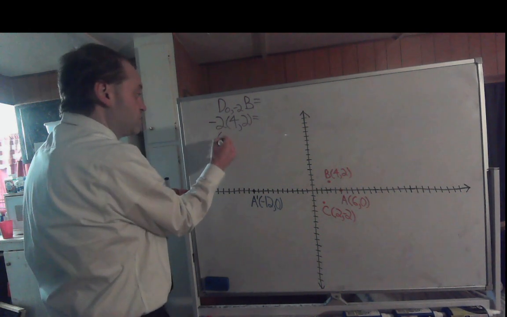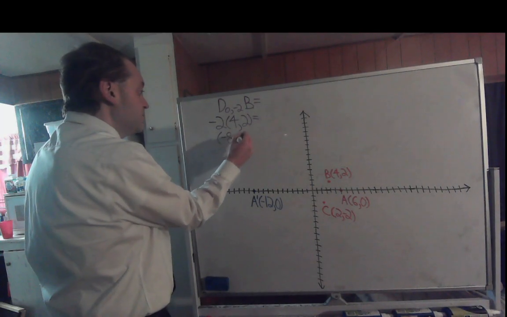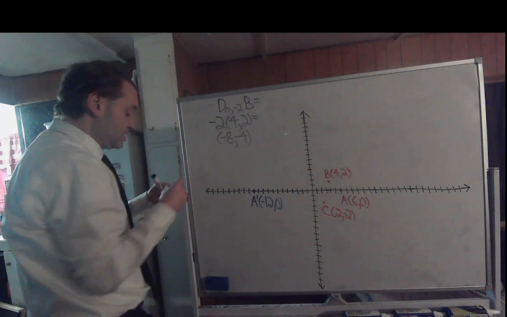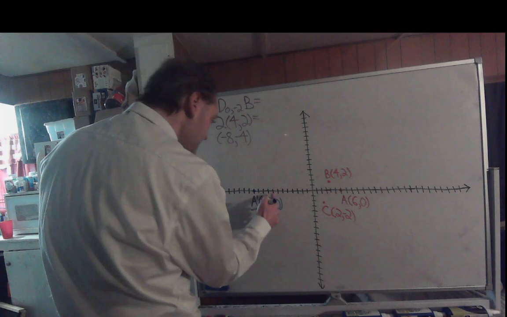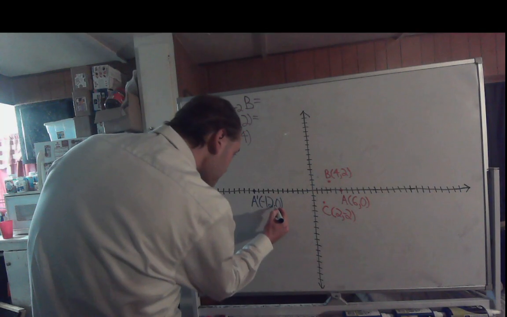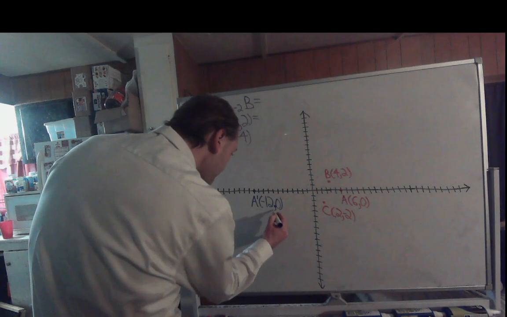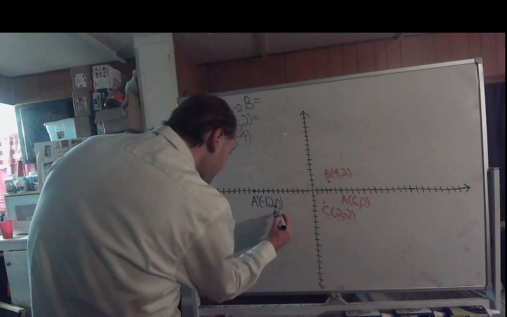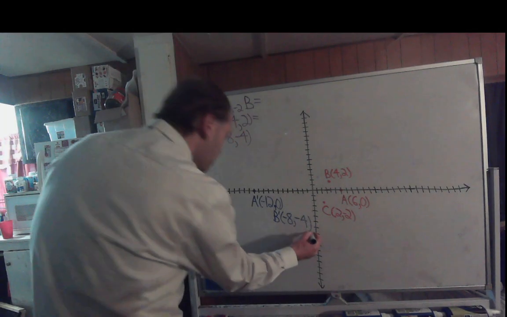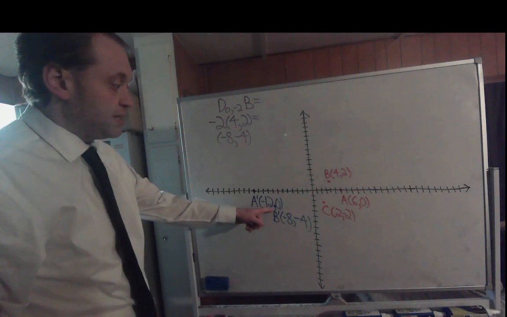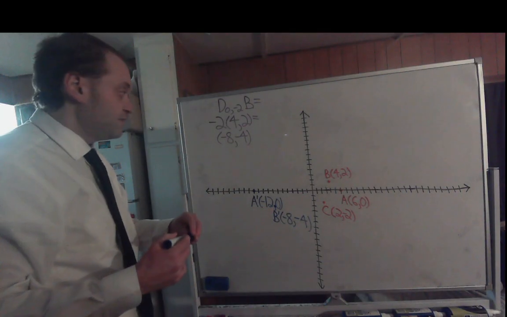You end up getting the coordinates negative 8, negative 4. Not the best drawn coordinate plane, but that's about where B prime is at negative 8, negative 4.